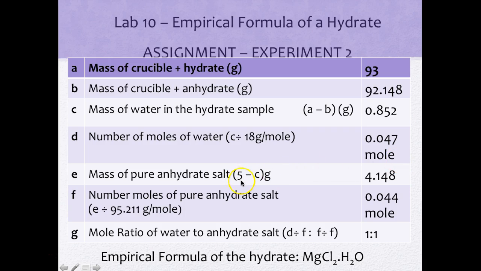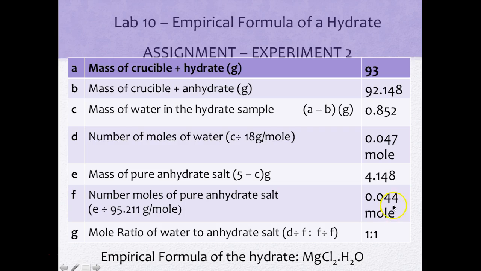So the mass of the hydrate was 5 grams. You subtract the mass of water from it and you get 4.148 grams, which is the grams of magnesium chloride anhydrate. The molar mass of magnesium chloride is 95.211. So you divide 4.148 by 95.211 and you get 0.044 mole for magnesium chloride.